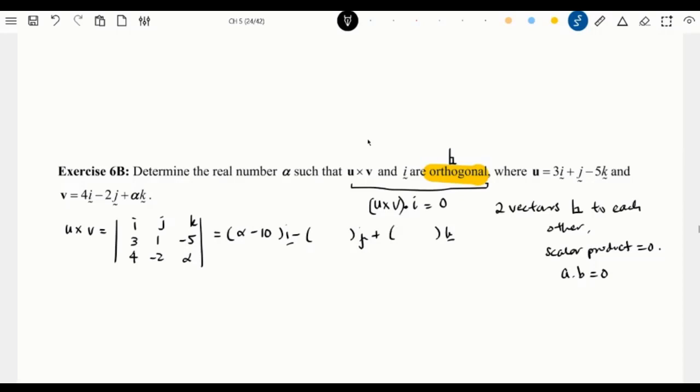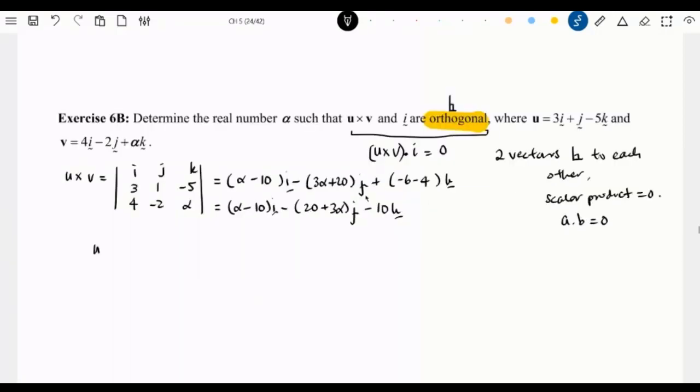For J? 3 alpha plus 20. Okay. Negative 6 minus 4. Okay, good. So we have it alpha minus 10 I. So we have it 20 plus 3 alpha J. And then we have minus 10K. So mana yang boleh simplify, kita simplify dulu.